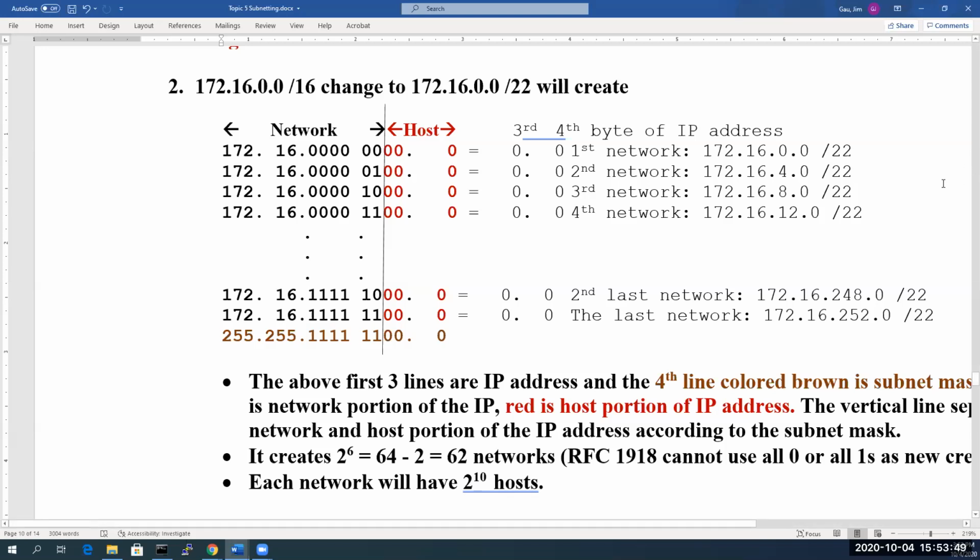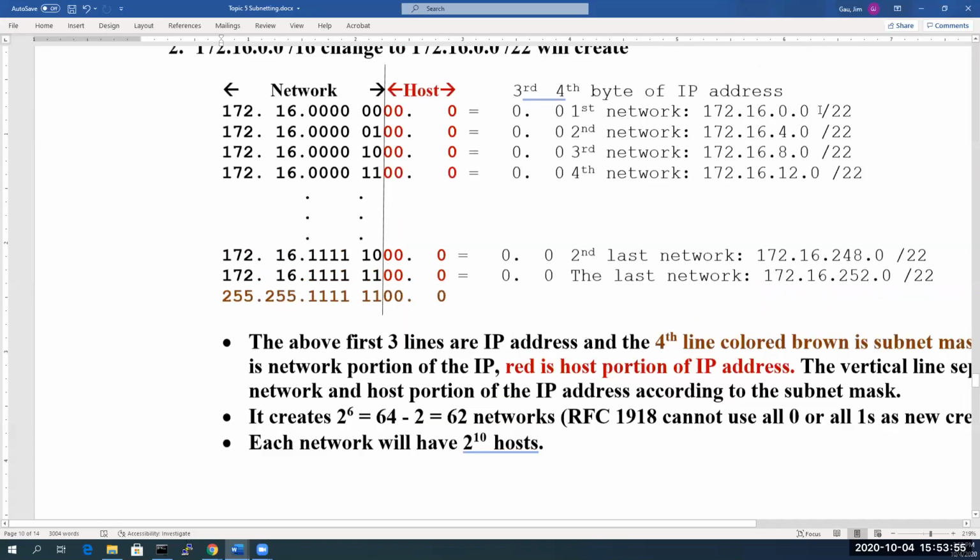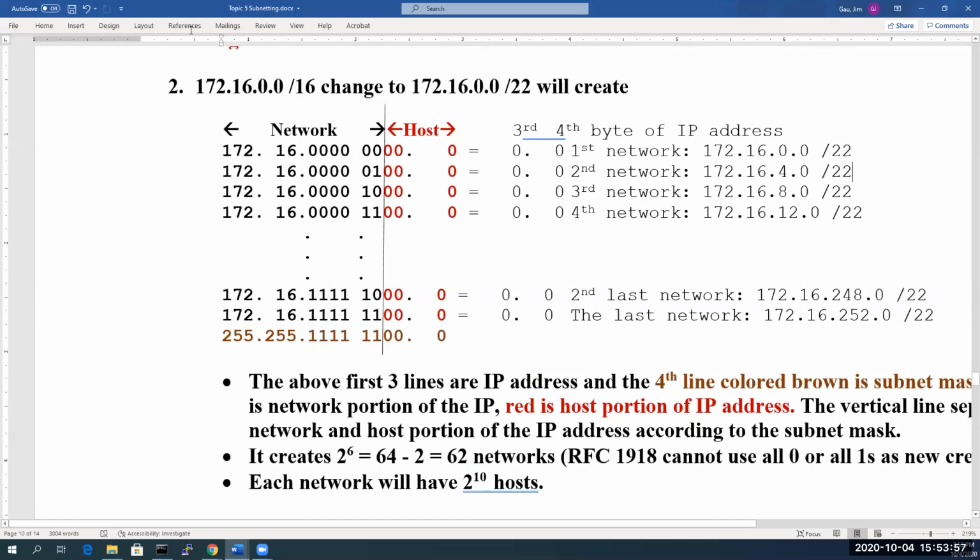No big deal, okay? But you have to know the rule says the newly created subnet cannot be all zeros or all ones. This is a newly created network, right? Originally, it's part of the host, and now it becomes a network.